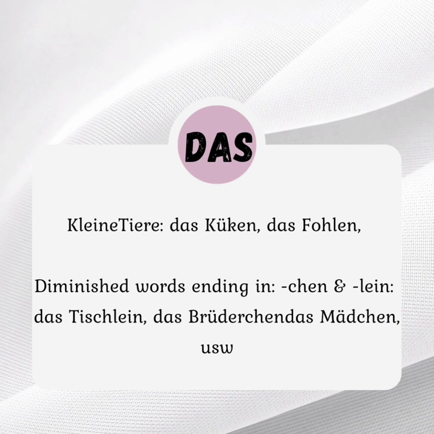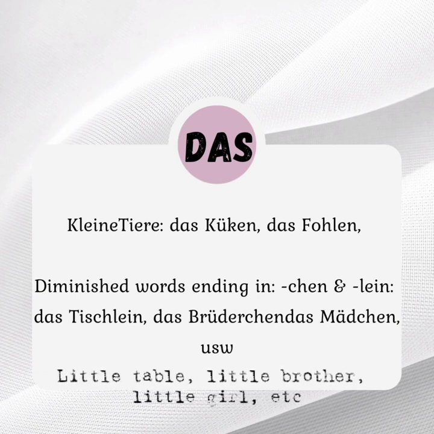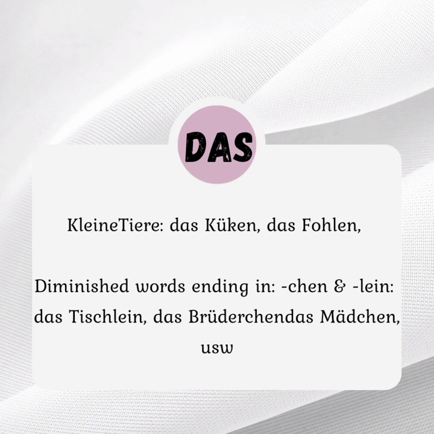Little brother would mean that it's a younger brother, somebody younger than I am, the little version of my brother. That sounds funny anyways, but that's how we do it. So to form a diminutive, we add endings like chen or lein. So we have das Tischlein, a small table, das Brüderchen, younger brother, das Mädchen, little girl.